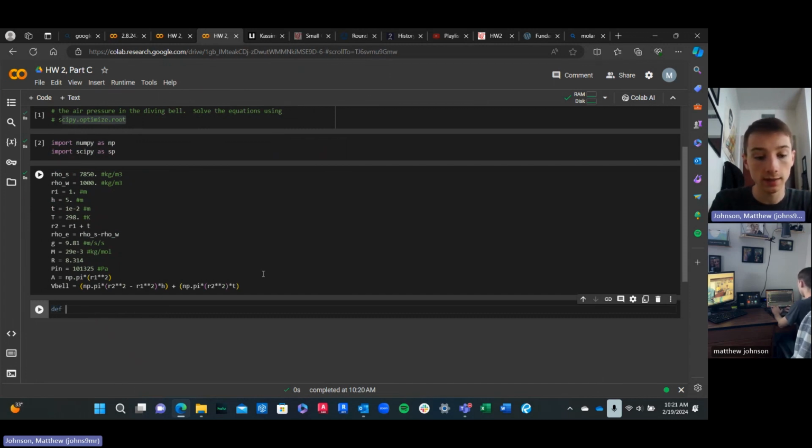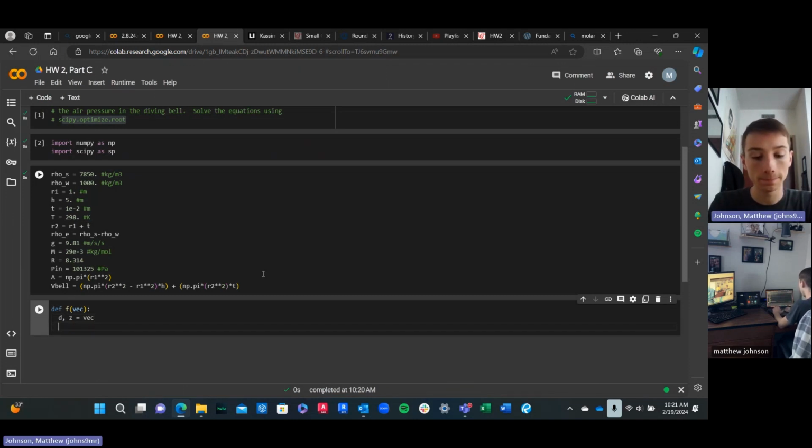We're going to define a function f by a vector, because scipy.optimize.root can only take a single variable function. But remember, we don't have d or z, so the vector is going to be defined by two variables, d and z equal vector. That's our workaround for that problem.